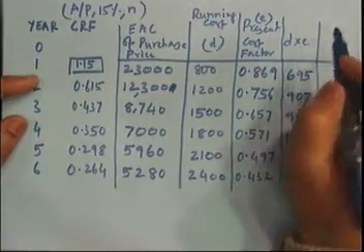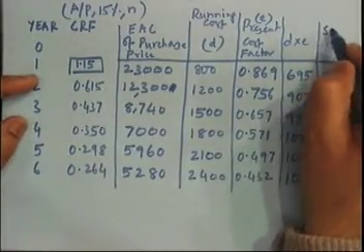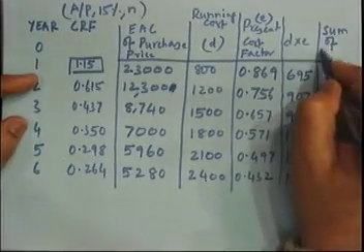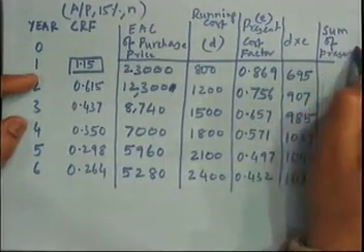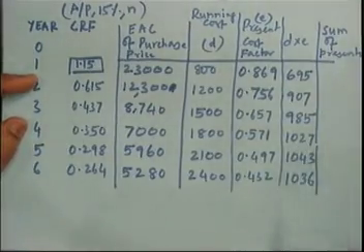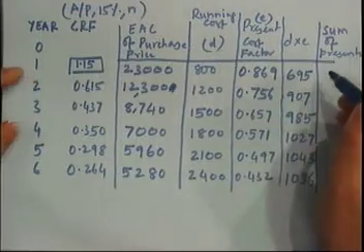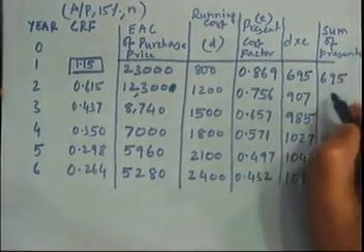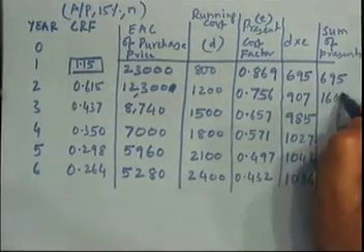I will take the cumulative sum of present worth, this is the sum of present worth of running cost. So, first year it is 695, second year it would be 1602.